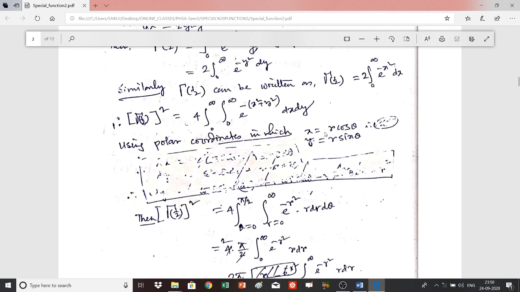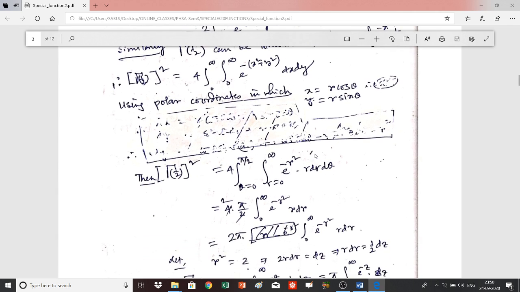So in polar coordinates x is equal to r cos theta, y is equal to r sin theta, and with that dx dy will be r dr d theta. So just substitute these values in this expression.